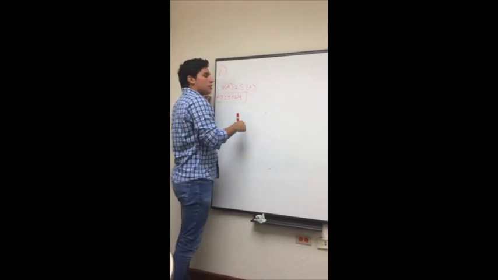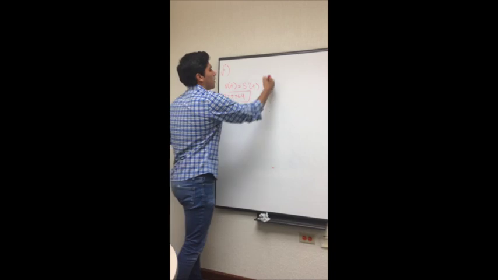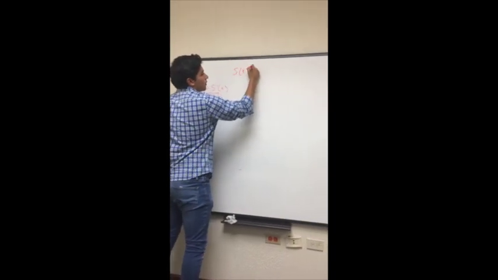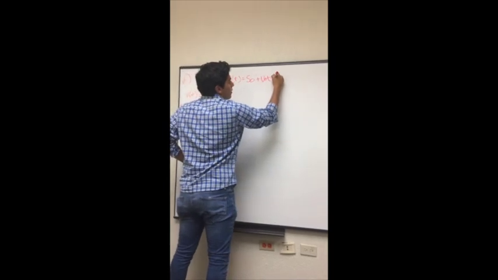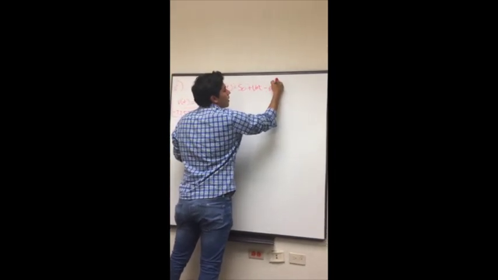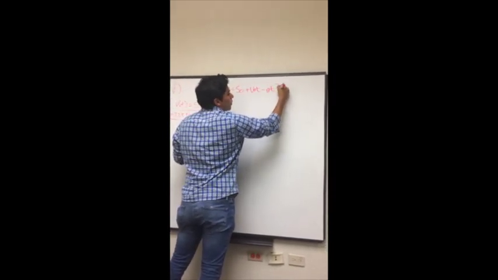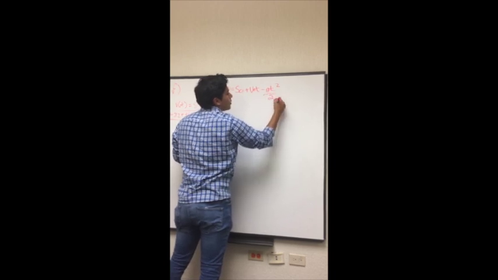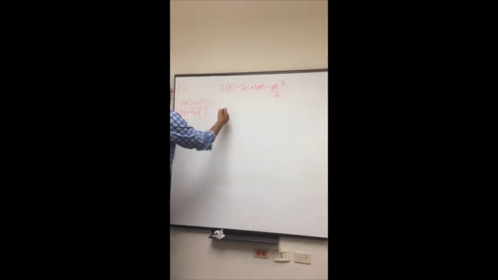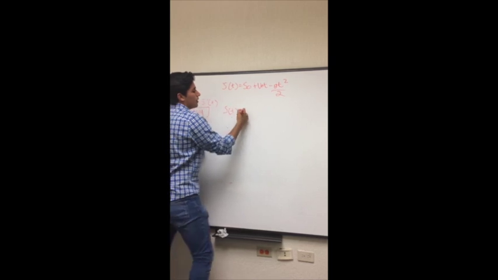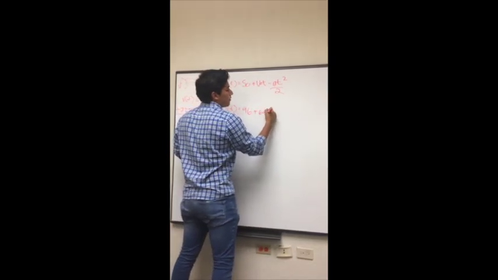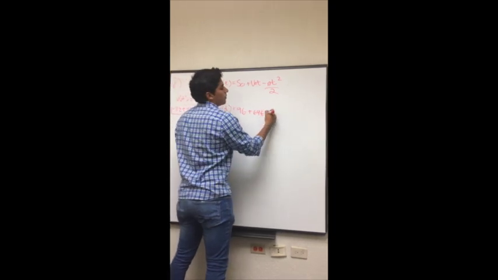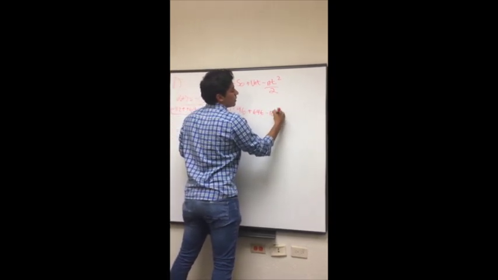And now, using a formula of physics, we can use that our position is equal to s0 plus the initial velocity times t minus gravity times t squared divided by 2. So we use our position, that is 96 plus 64t minus 16t squared.